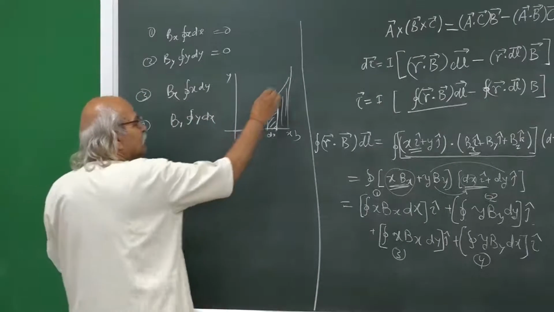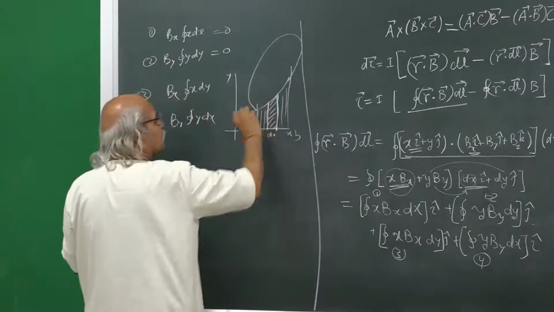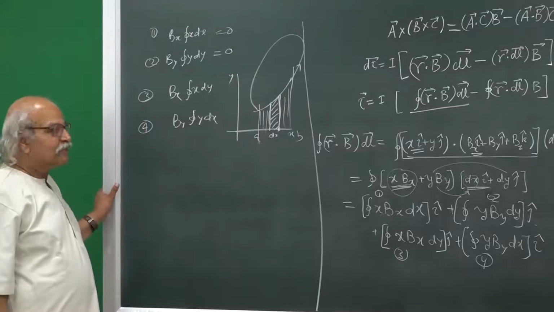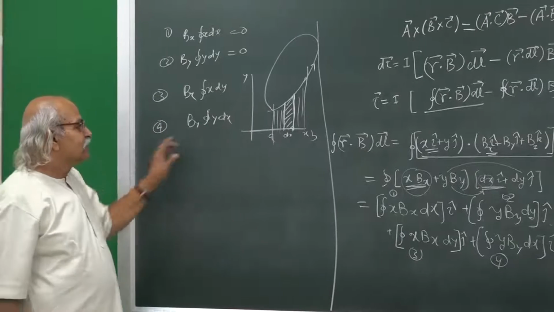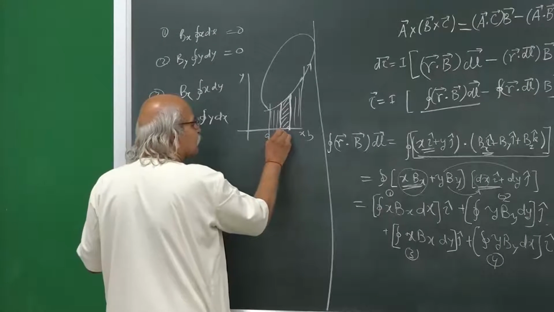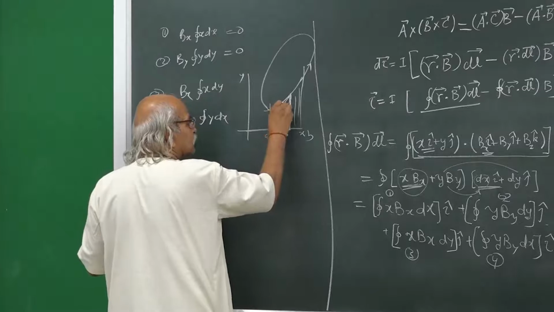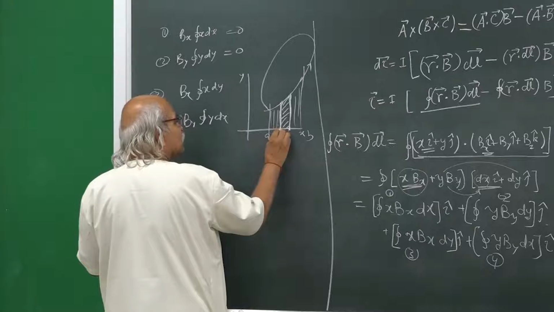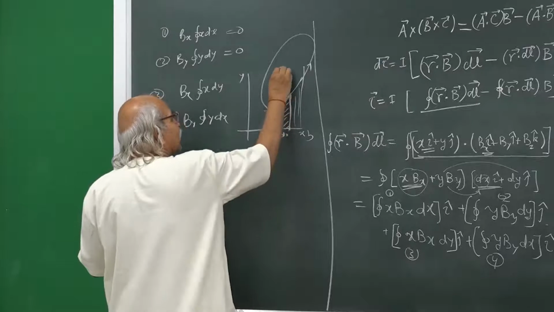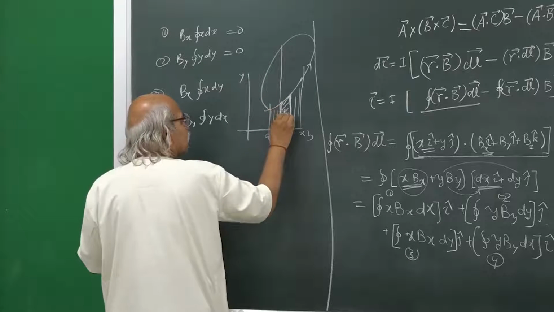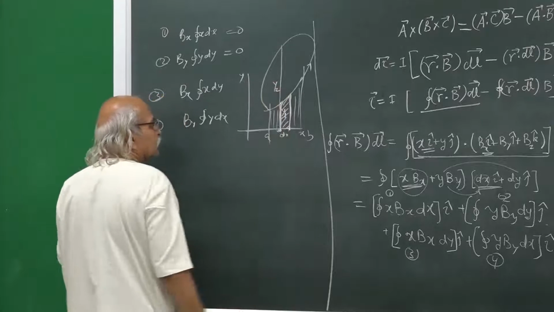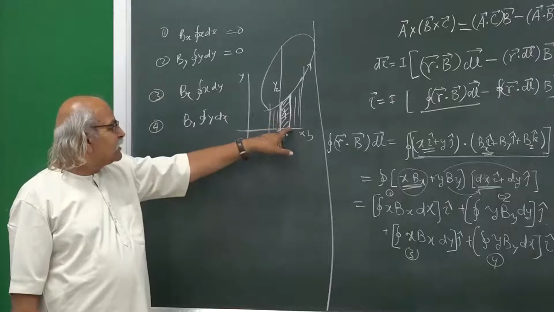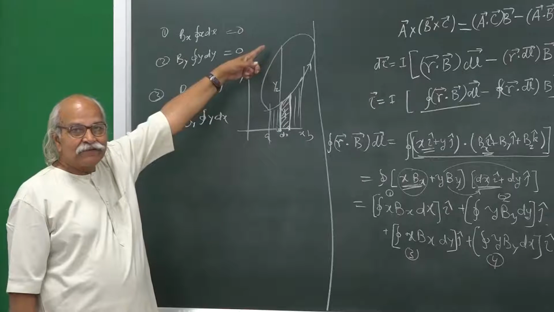But here I have a closed loop. So what is this y dx here? For this particular x you have a y here, and for the same x you also get another y. So you get y1 here and y2 here. Two terms arise: one is y1 times dx, the other is y2 times dx.